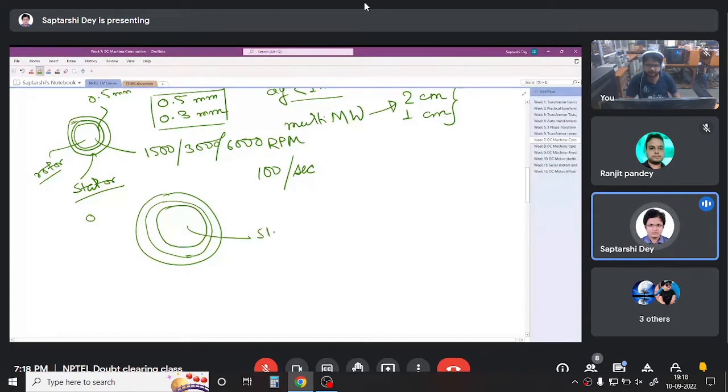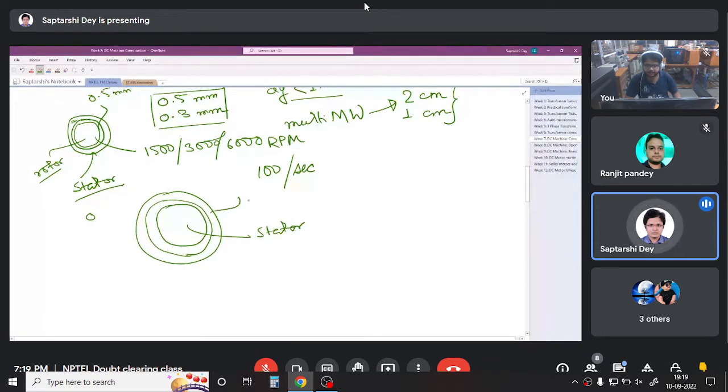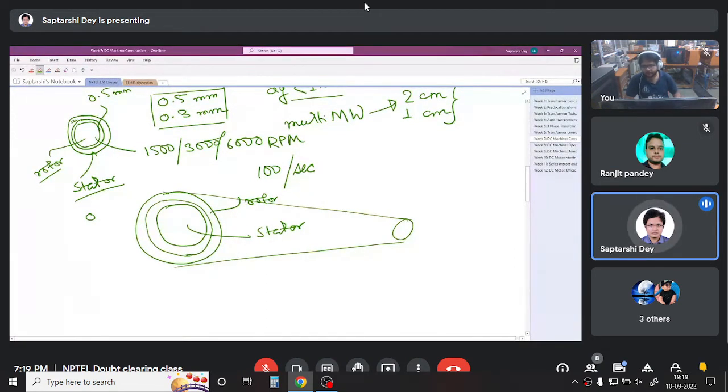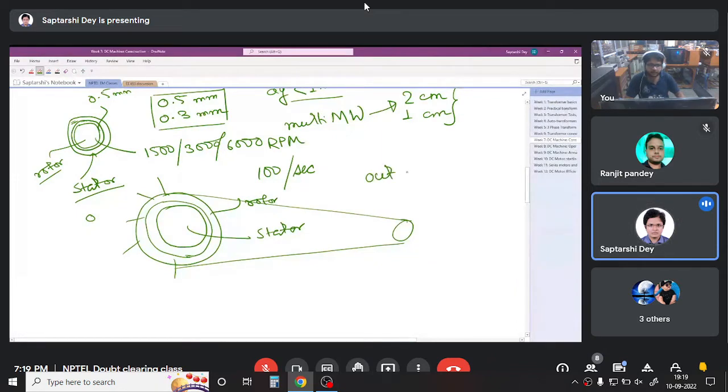So this will be stator and this will be rotor. And this rotor will be directly coupled to a load using a belt, maybe, or maybe a load can be directly coupled to it. These kind of machines or structures are called outer rotor machines.